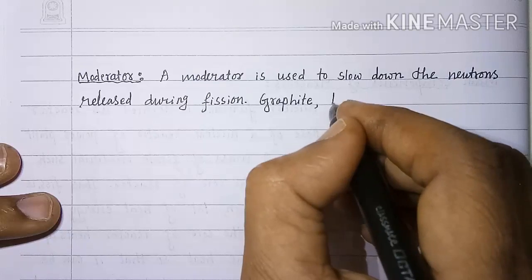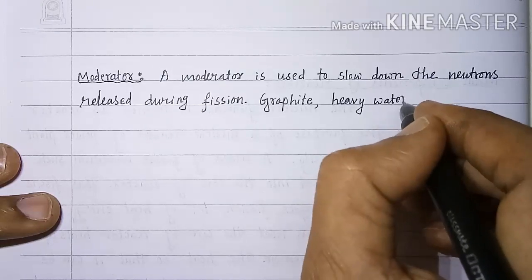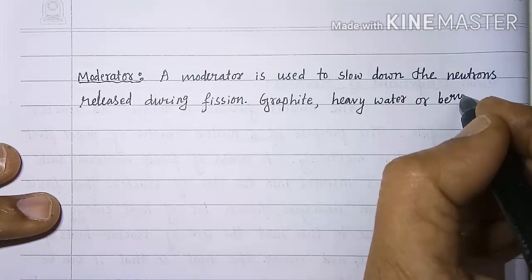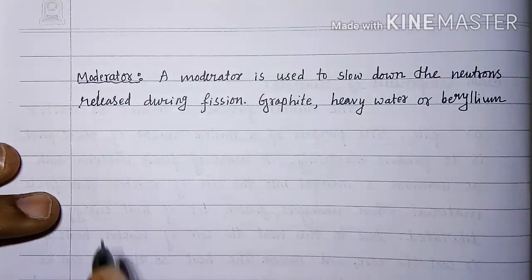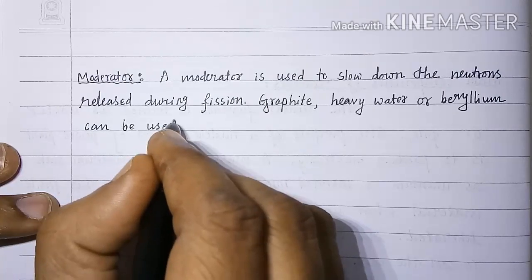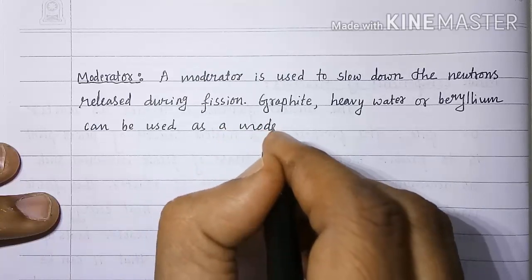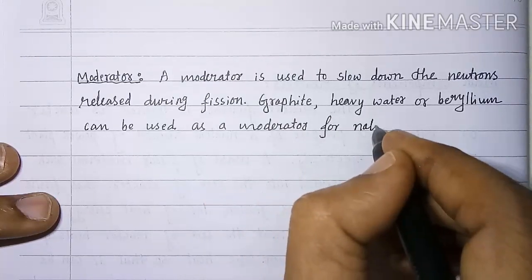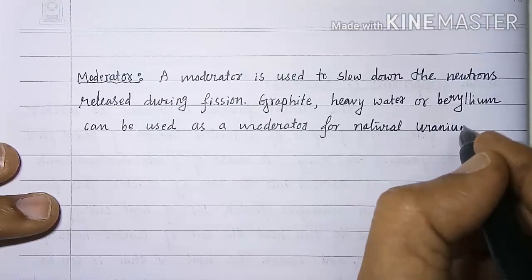Graphite, heavy water, or beryllium can be used as a moderator for natural uranium.